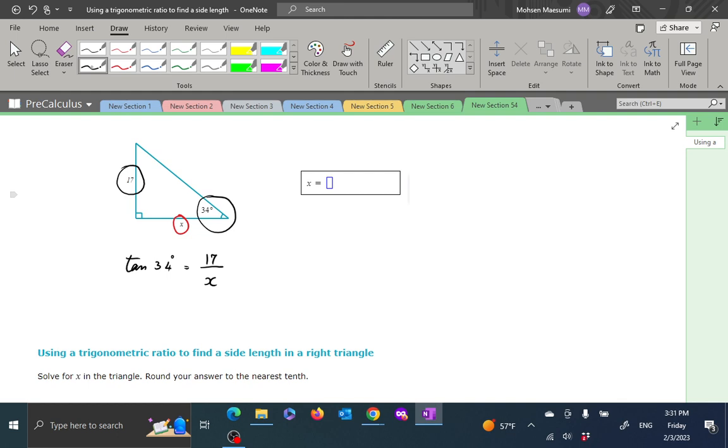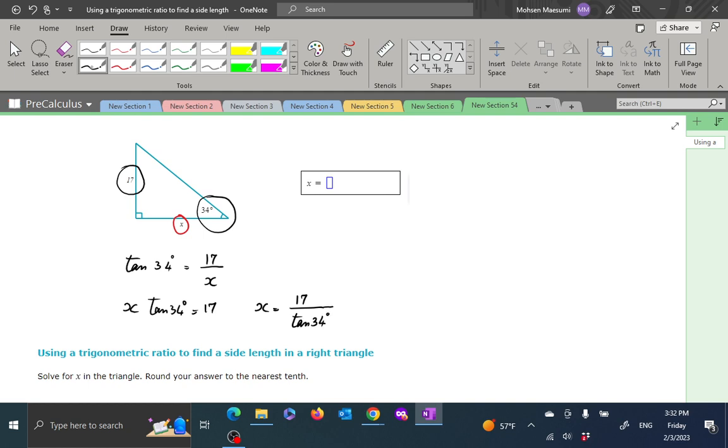Of these three quantities, we know two of them, the side 17 and the angle 34 and its tangent. We want to find x. How do we do that? Multiply by x, so x tangent of 34 degrees is equal to 17, and so x is equal to 17 divided by tangent of 34.